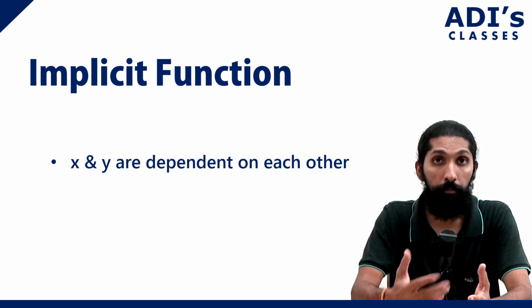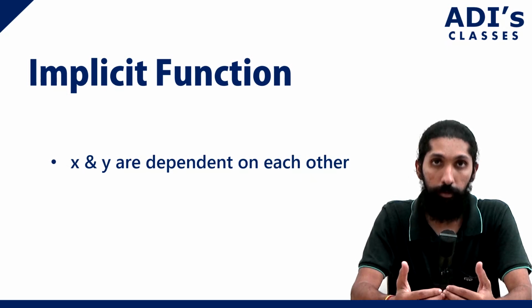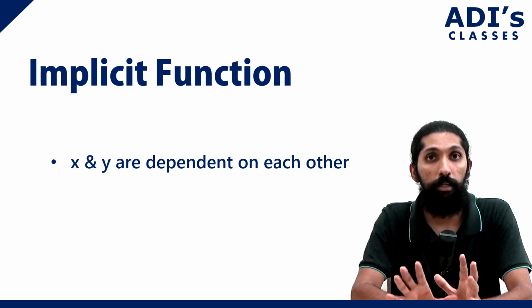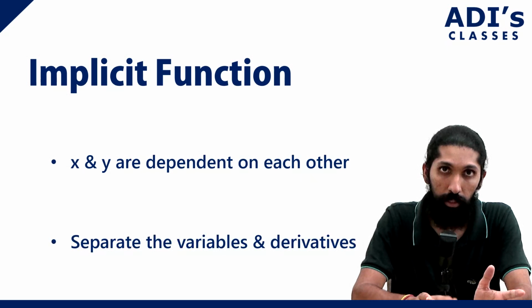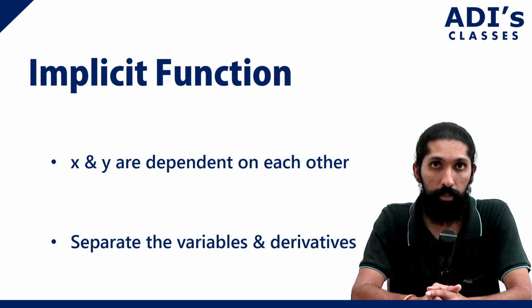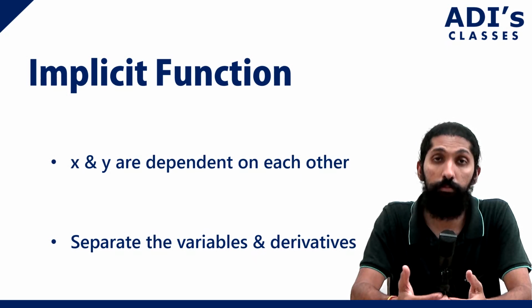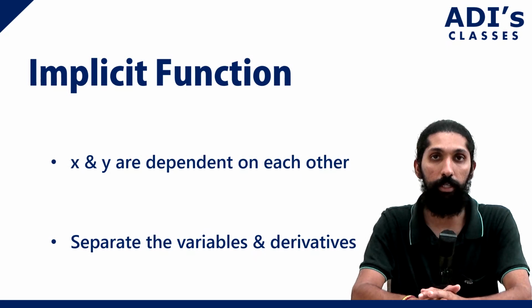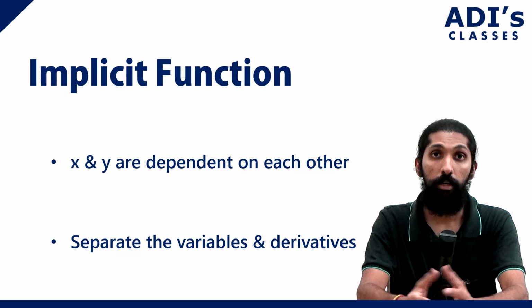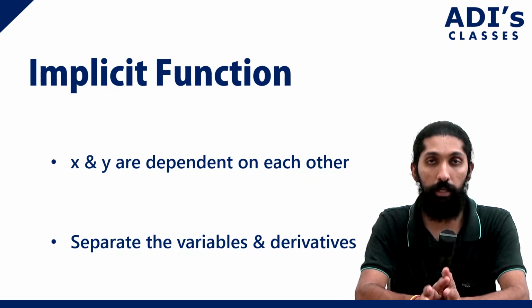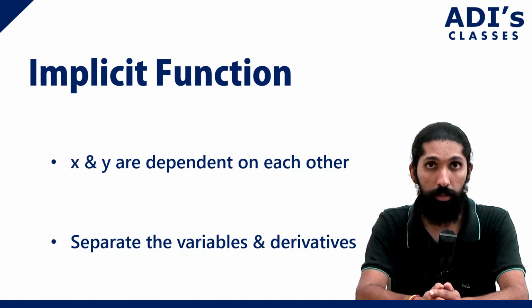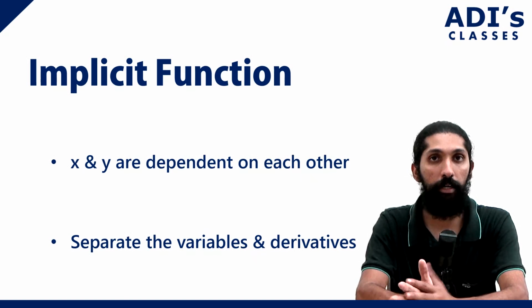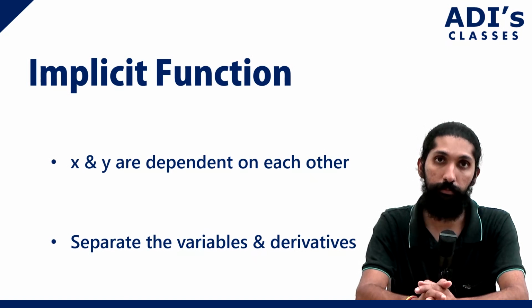Whenever you have an implicit function, you differentiate and then take the y dash value on one side and the remaining terms on the other side. If you segregate them, that's how you get the value of y dash, or in other words, dy by dx. So these are implicit functions, where both the dependent and independent variables are together.